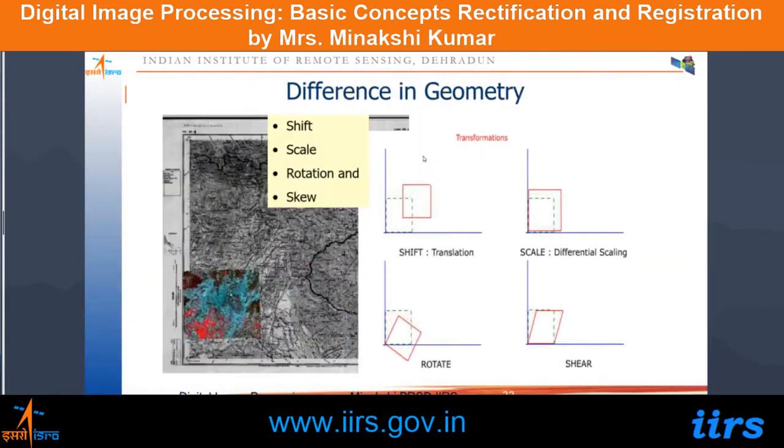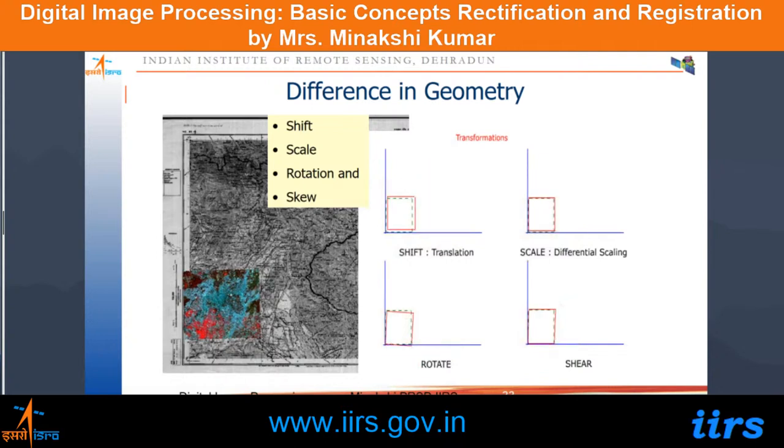Okay. Now, in addition, there can be many geometric errors also, like in whisk broom type of sensors, where the mirror is rotating, so the mirror scan velocity will be different. The corners would be larger, the center would be square, panoramic effects, and so on. So all those types of errors will be there in the image.